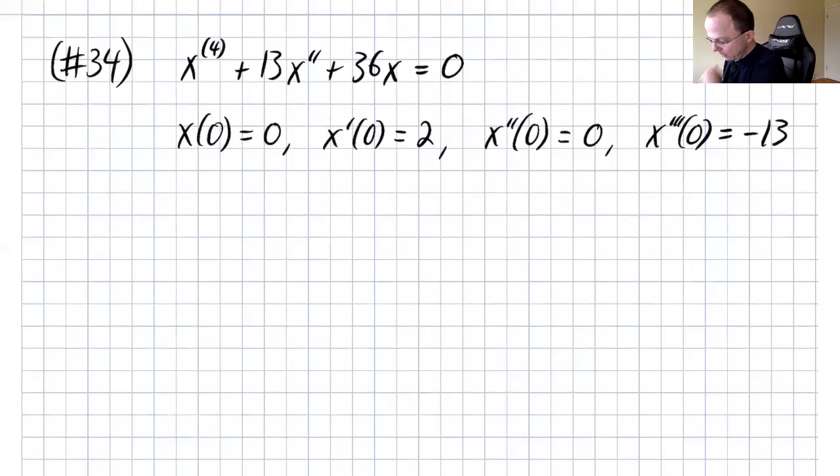Let's do another one. So in this case, actually, we have the fourth derivative of x. So if you look at the table of Laplace transforms, they have a general formula for the nth derivative of a function.